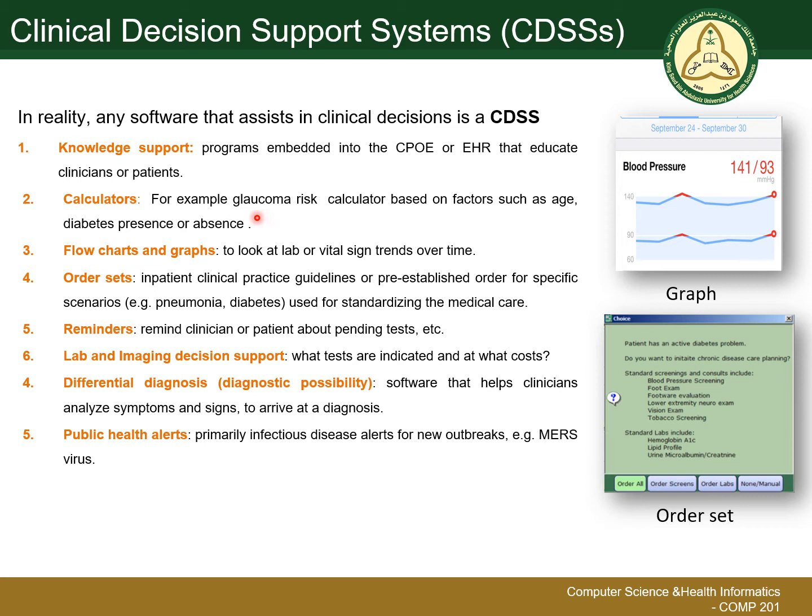And the third feature is the flowcharts and graphs. Here we can use the flowcharts and graphs, as you can see here, to look at lab or vital sign trends over time, so you can track the patient status over a period of time.